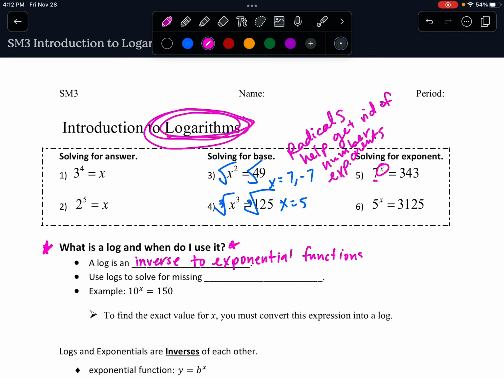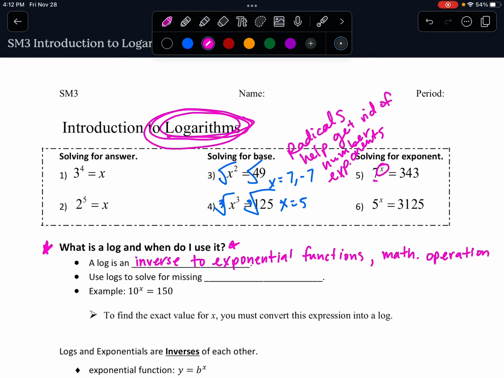It's a mathematical operation, just like an exponent is, just like a radical is. Remember, operation means like adding, subtracting, multiplying, dividing. An exponent is an operation. It's something we're doing to numbers.